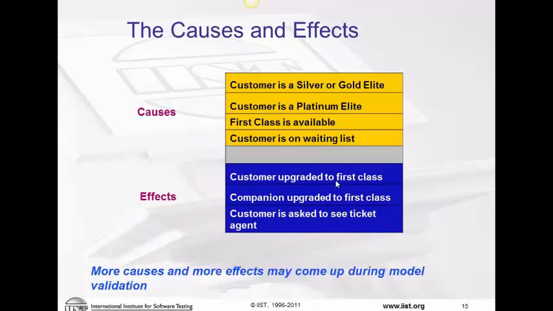The customer may upgrade to first class, the companion upgrade to first class, or the customer is asked to see ticket agent. And now you have to ask yourself the question: are there any other things? Are there any other causes that can cause the system to do something else? Is this requirement missing any other causes?